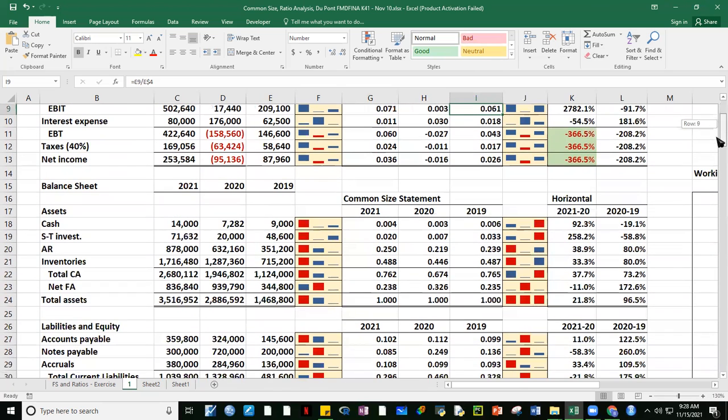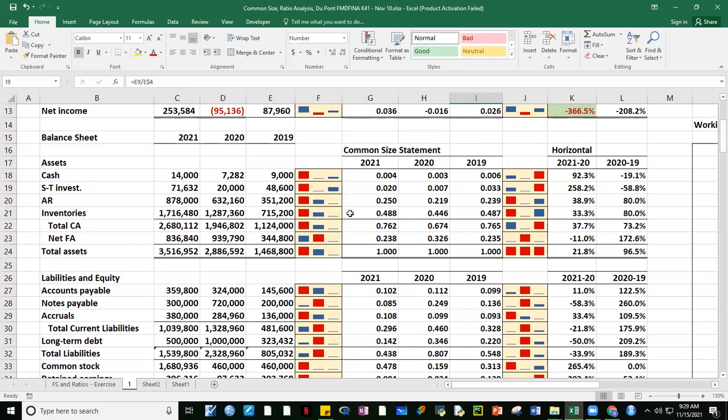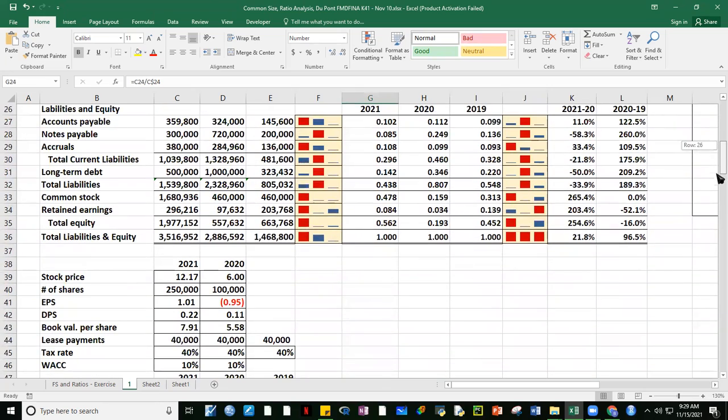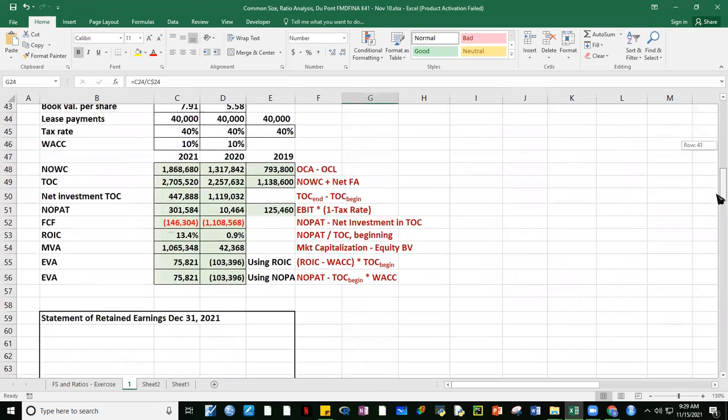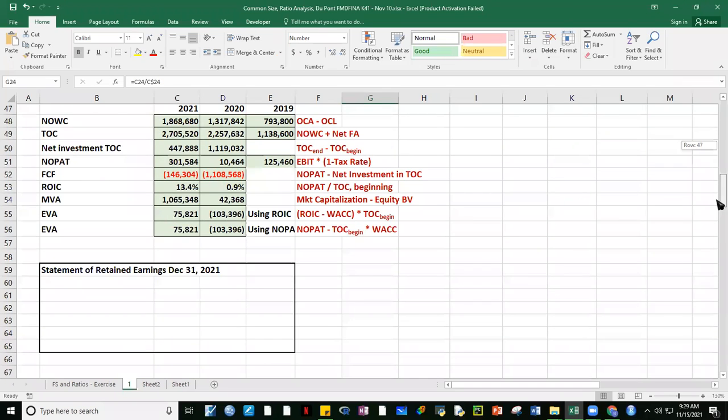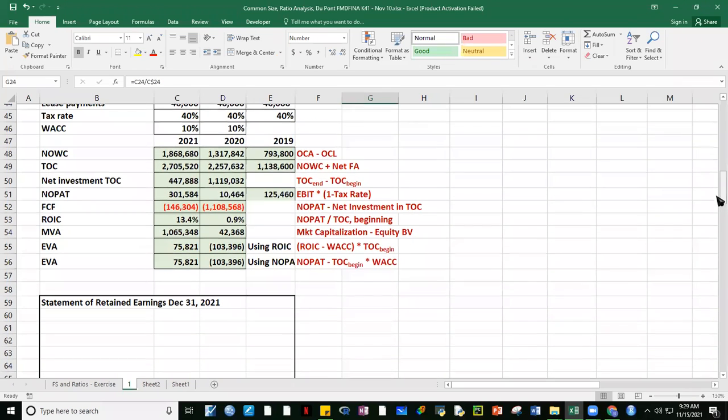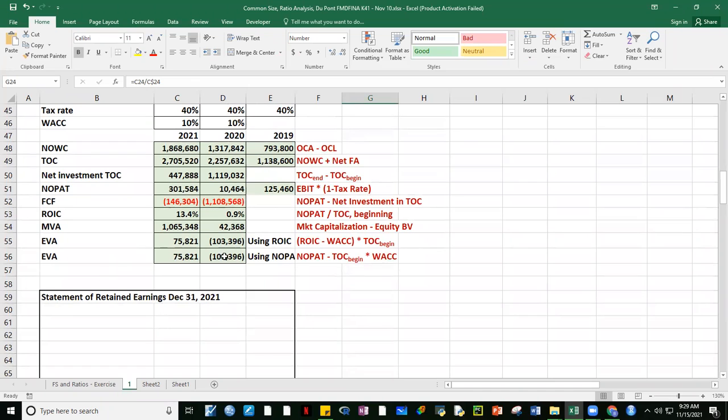Okay, so we also did the common size statement for the balance sheet, where everything is compared to your total assets or total liabilities and equity. So we looked at how the company was performing in terms of EVA. We said that in 2021, value was being created.